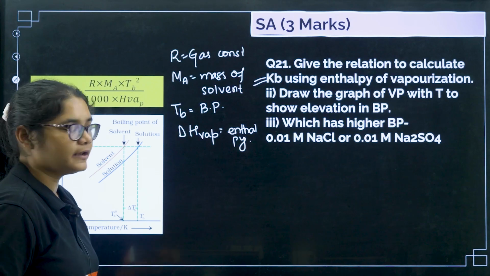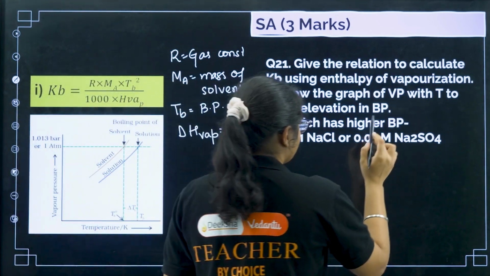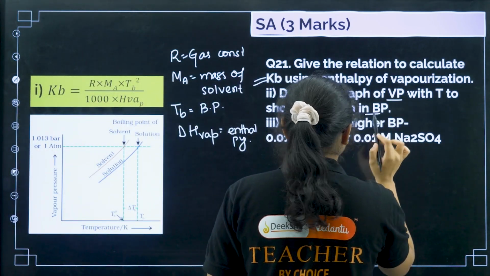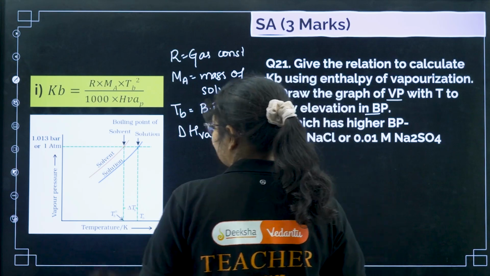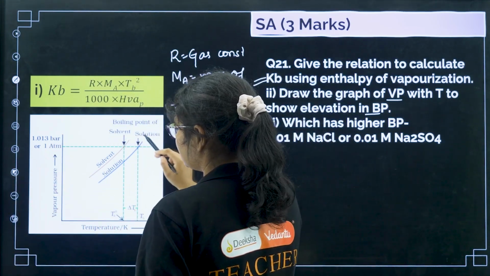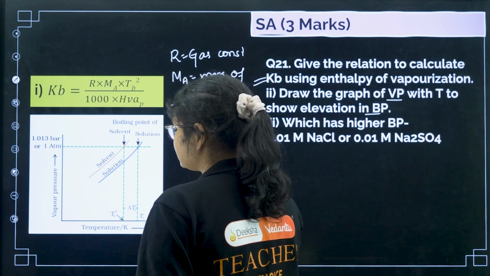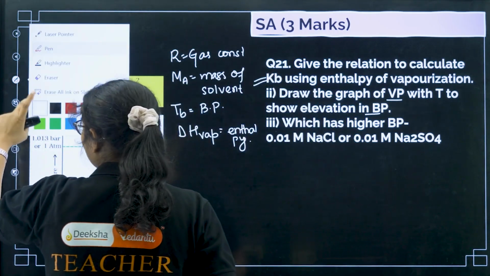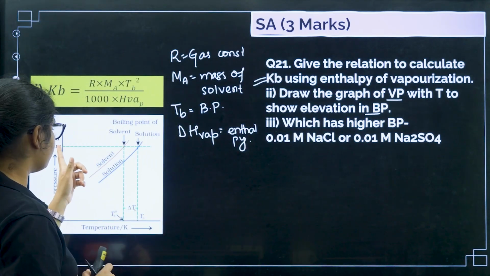Clear? Done? Next, draw the graph of vapor pressure with temperature to show the elevation in boiling point. So on the vapor pressure versus temperature graph, you have the solvent and you have the solution.